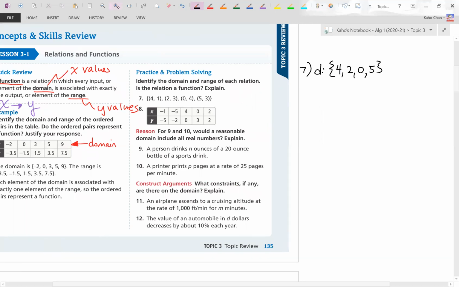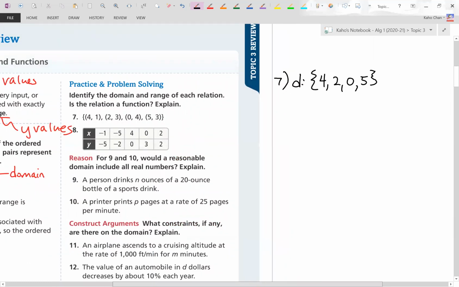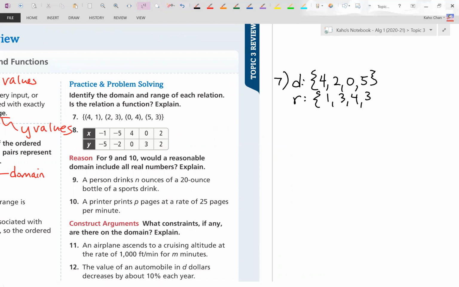That's all. The range, of course, are the second values of each pair. In this case, they are 1, 3, 4, and 3. Question.